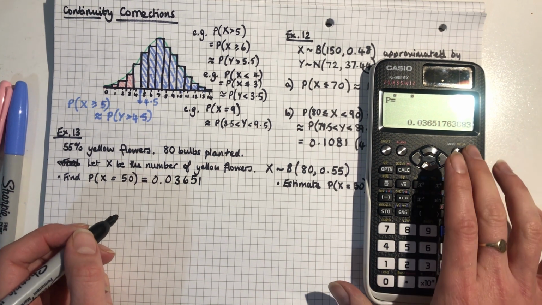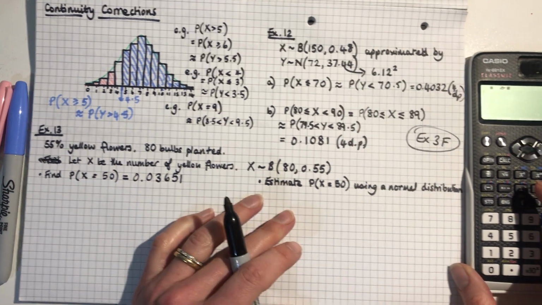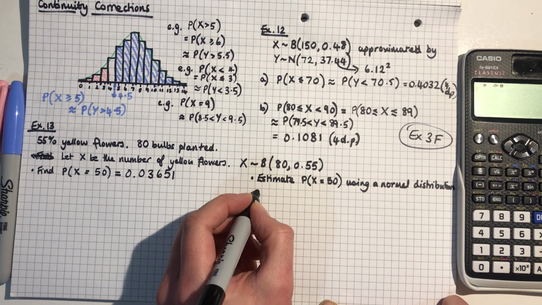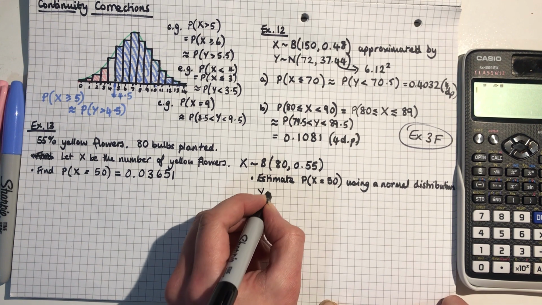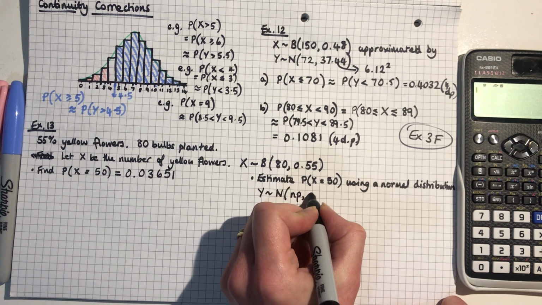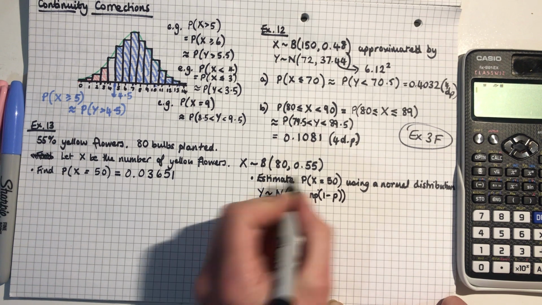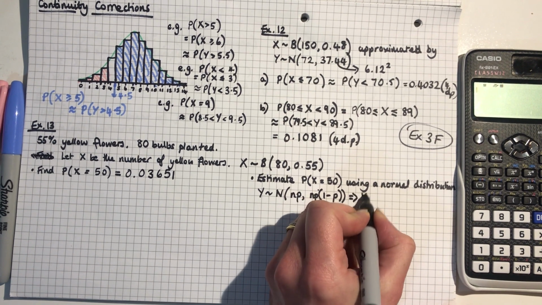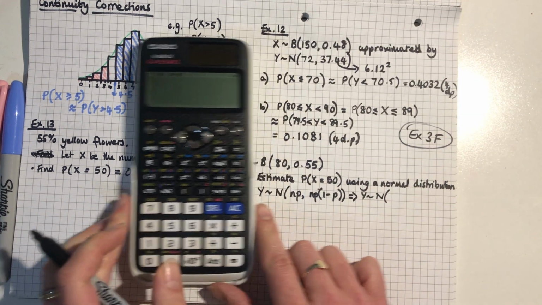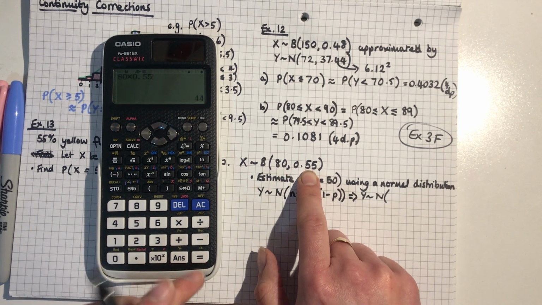So let's now have a look at our approximation. We're going to say that x can be approximated by a normal distribution where mu is np and sigma squared, or the variance, is np(1 minus p). So that means that y would be a normal distribution. We have np is 80 times 0.55, that's 44.